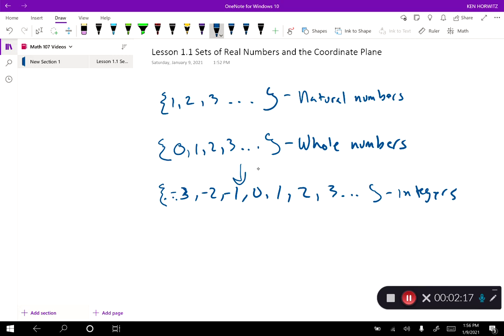Now we have an awful lot of numbers, right? But on our number line, right, it is wholly incomplete because we have the number 0 and we have the number 1, let's say, right, and the number 2, right, and we have numbers to this side as well. However, there's no numbers in between them.